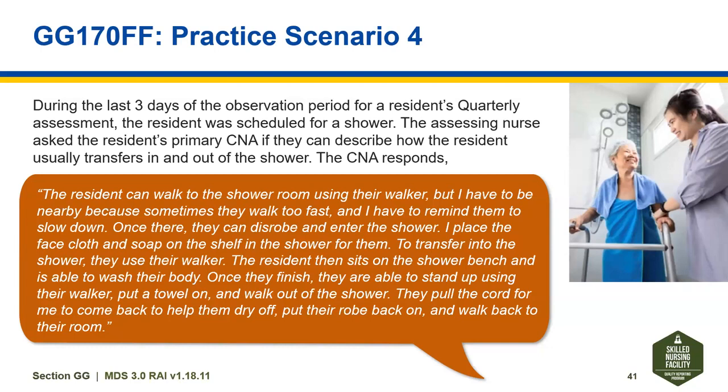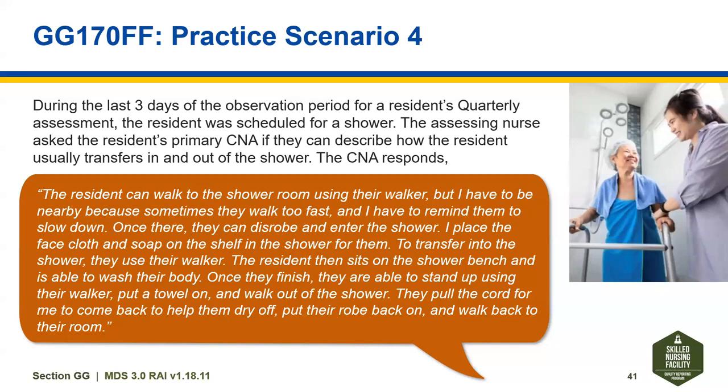Once there, they can disrobe and enter the shower. I place the face cloth and soap on the shelf in the shower for them to transfer into the shower. They use their walker. The resident then sits on the shower bench and is able to wash their body. Once they finish, they are able to stand up using their walker, put a towel on, and walk out of the shower.